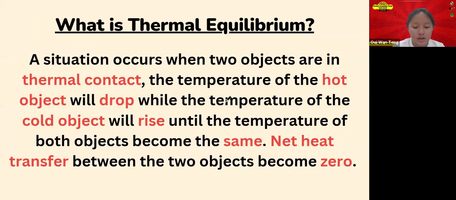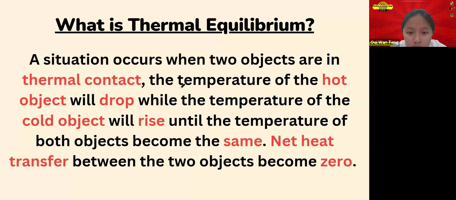So for example, there are two liquids, one hot and one cold. They are in a physical connection. Therefore, there is a transfer of heat energy from the body with a higher temperature to the body with a lower temperature. For example, the heat will transfer from the hot object to the cold object.